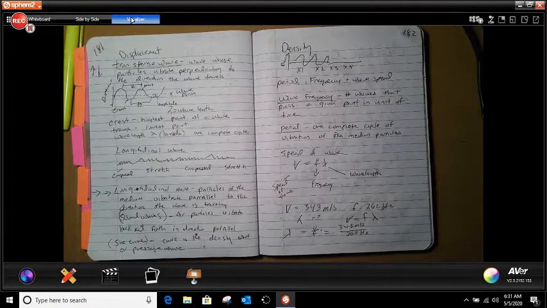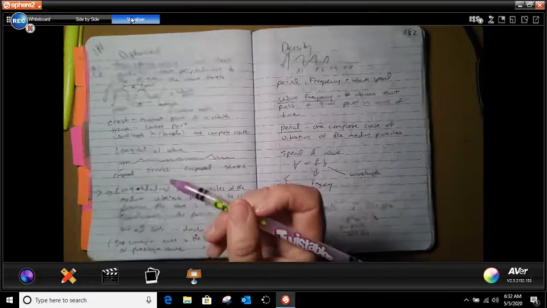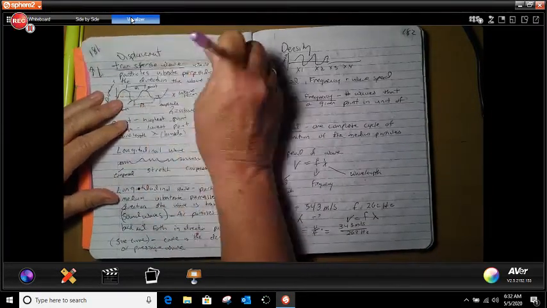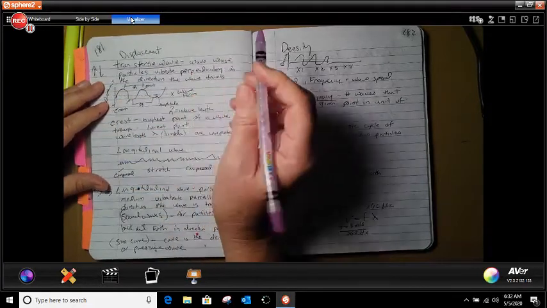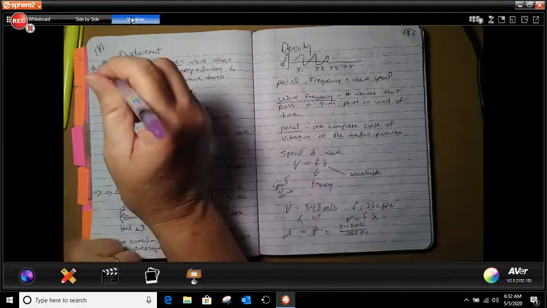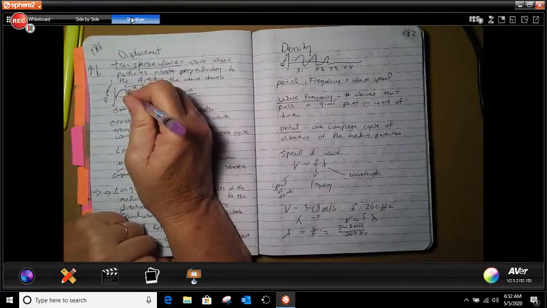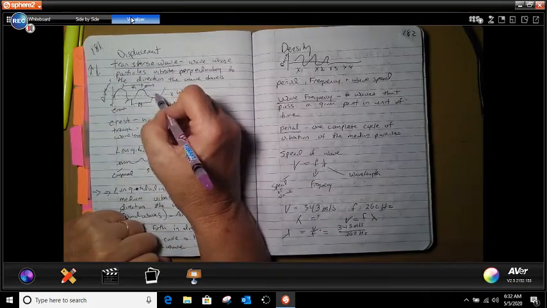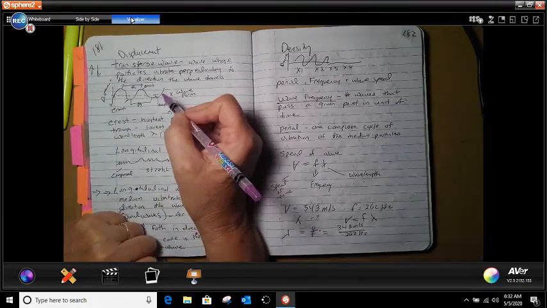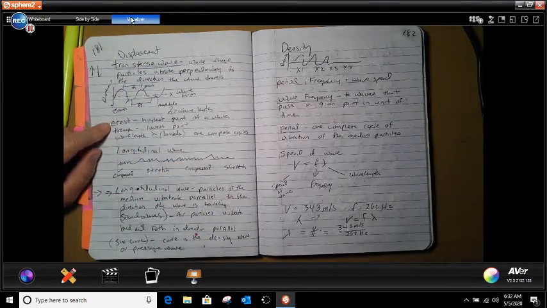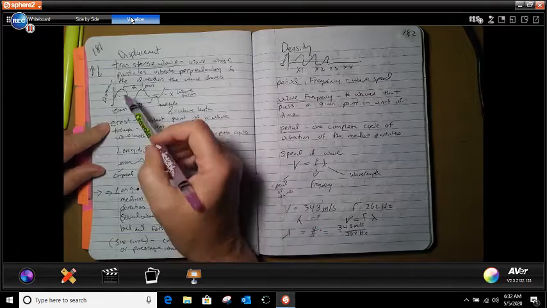Displacement. There are two types of waves that you'll need to know. You will need to know what a transverse wave is, which is a wave in which particles vibrate perpendicular to the direction of wave travel. So when we're talking about a transverse wave, we're talking about one that has a crest, a trough, and an amplitude. The crest is the highest point of the wave.